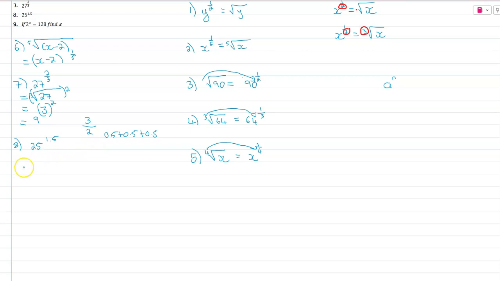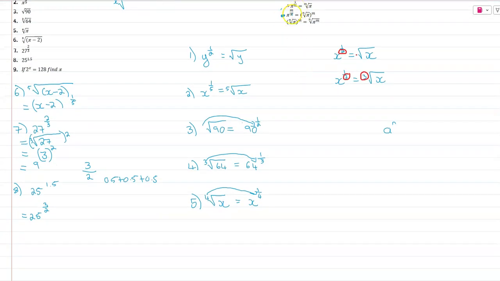So we say equals to 25 to the power of 3/2. And then we follow the rules that we have learned just now. So what does our rule state? The rule states that we now have to rewrite our base into a root.